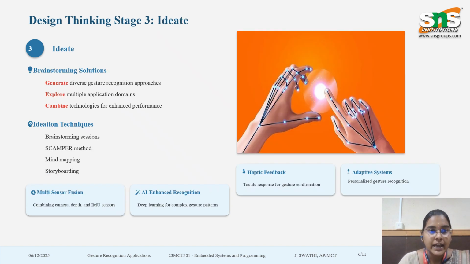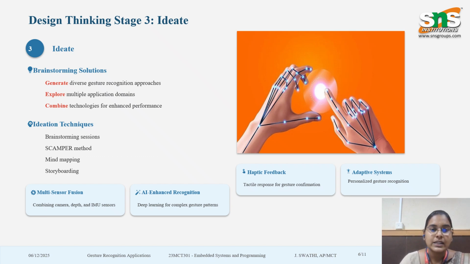Next, coming to the ideate stage: with the help of gestures, what we can develop, what operations we can develop, and what steps we can take. We can generate diverse gesture recognition approaches, explore multiple application domains, combine these technologies to enhance performance, and do brainstorming sessions, mind mapping and storyboarding.